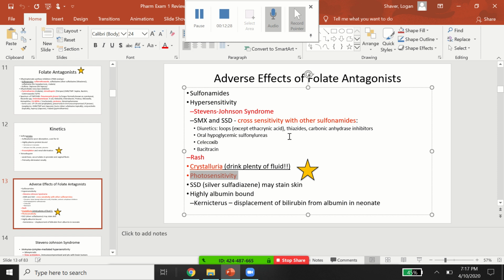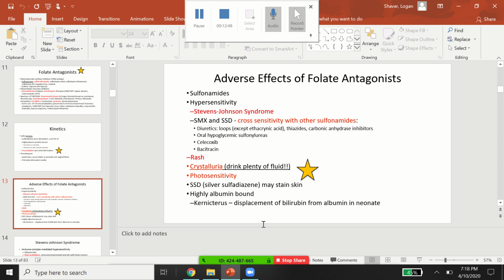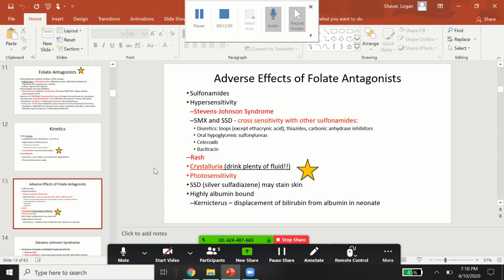So basically, if it was treated for pneumonia, then you would want to think Levo or Moxi, of course, right? But if it comes across as something that you would use for sulfonamides, then you would want to be thinking more toward sulfamethoxazole, right? So just keep that in mind in terms of how they would ask stuff.